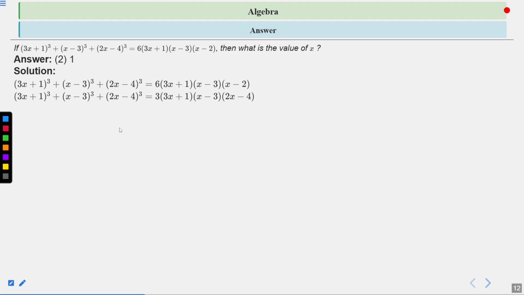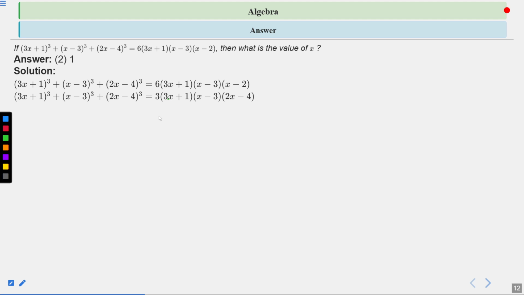So we can simplify it. We get (3x plus 1) whole cube plus (x minus 3) whole cube plus (2x minus 4) whole cube. On the right side we can write it in the form of 3 into (3x plus 1) into (x minus 3) into (2x minus 4), taking the 2 out, multiplied by (x minus 2).